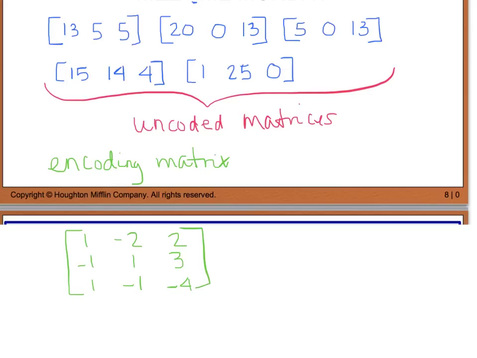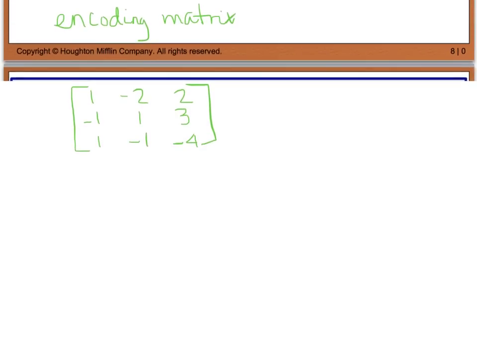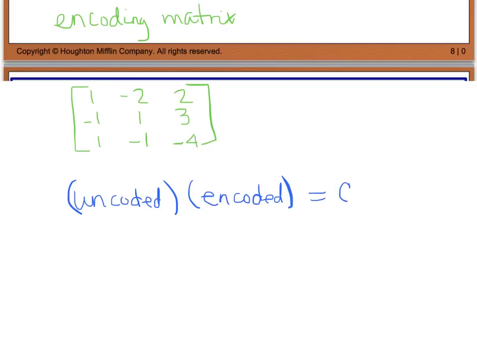So now I multiply my uncoded matrix by my encoding matrix. So let's write this down. I need to multiply the uncoded by your encoded. Then this will create my coded matrix.